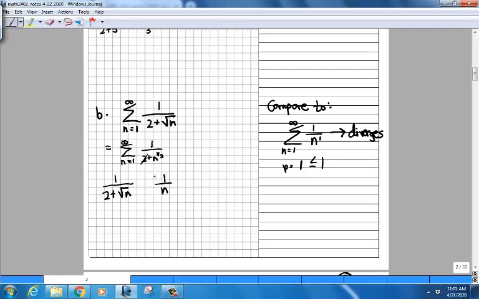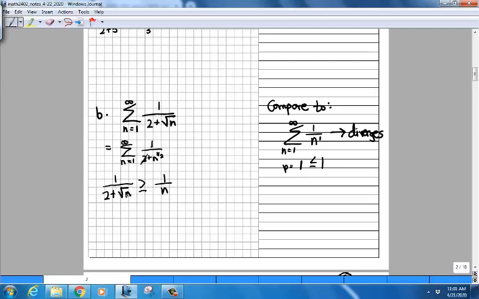Well, I think the correct order is that 1 over 2 plus the square root of n is going to be bigger than or equal to 1 over n. Why do I think that?